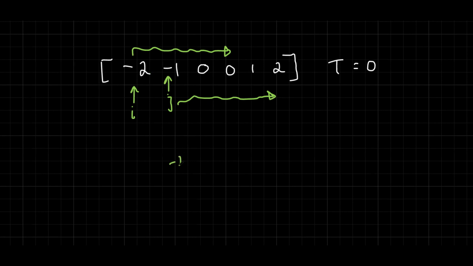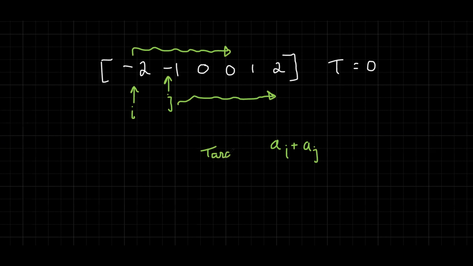Their summation will be minus 2 minus 1, which is minus 3. So here, let's consider it in general. Let's take the values a of i and a of j. Now, these two values are taken.